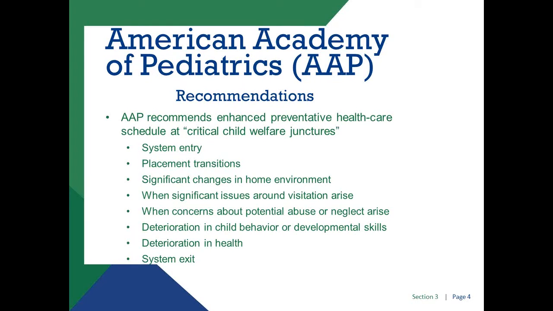And whenever there is a transition, it's important for that child to be seen by a provider. And then any significant changes in home environment that might impact the child's health, any significant issues related to visitation, which also may affect mental health or behavioral considerations. If there are any clear signs of abuse or neglect, they should also be examined.